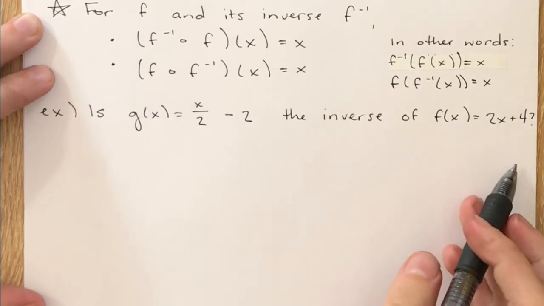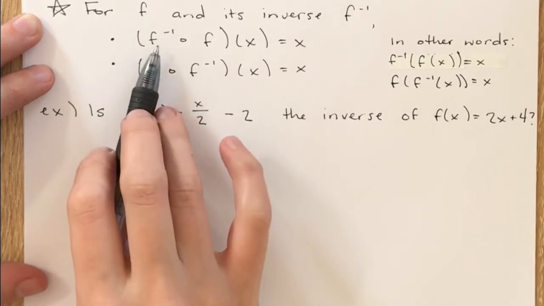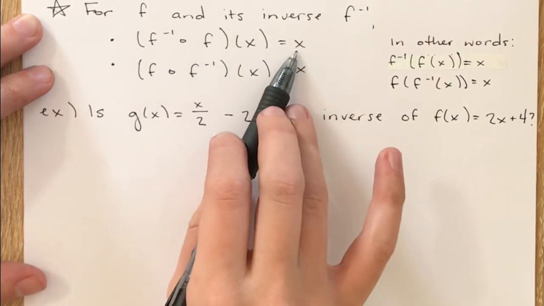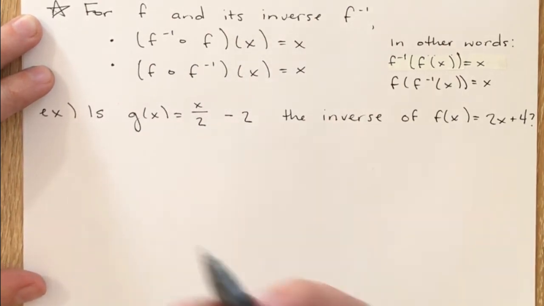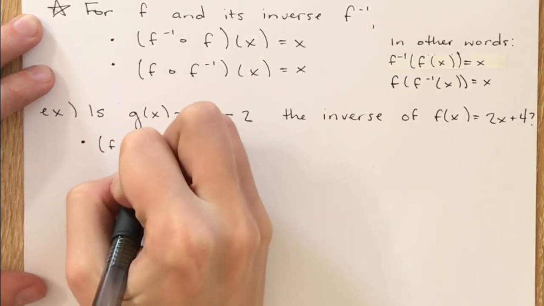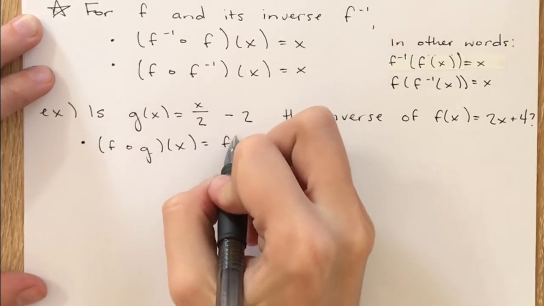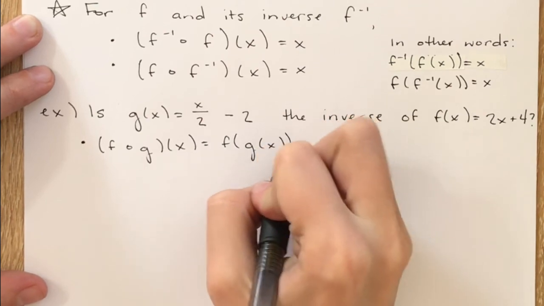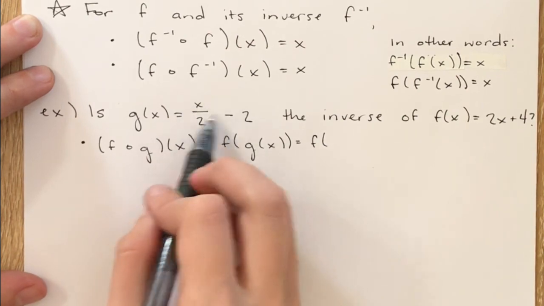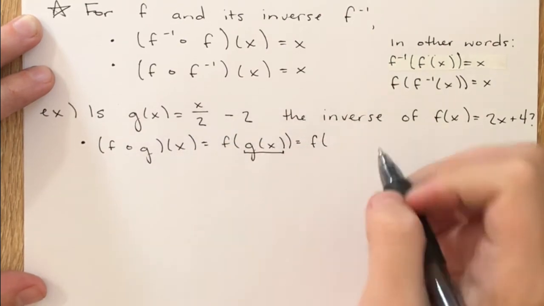In order to use composition to solve this, we can use the fact that we just learned. So we know that if they are inverses, then if we compose them, we should just get x out. So let's do that. Let's compose f of g of x. By definition, f of g of x is f of g of x. G of x is x over 2 minus 2, so we can replace g of x with what it's equal to.